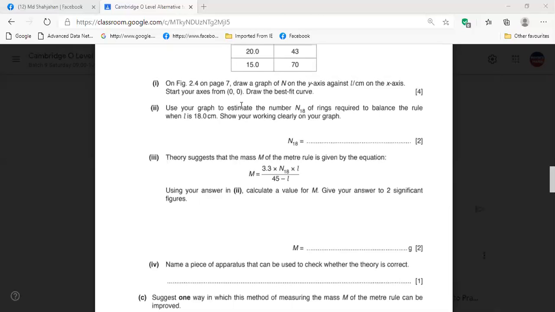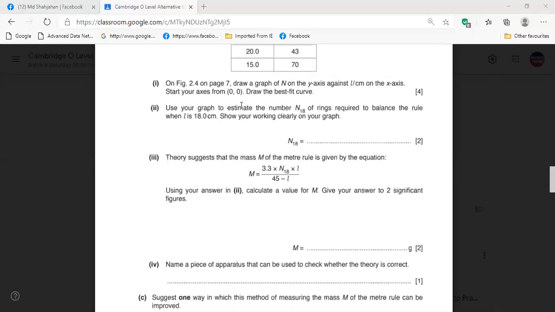So N18. N18. Yes, I think you made a mistake here, right? During the calculation of 18, isn't it?